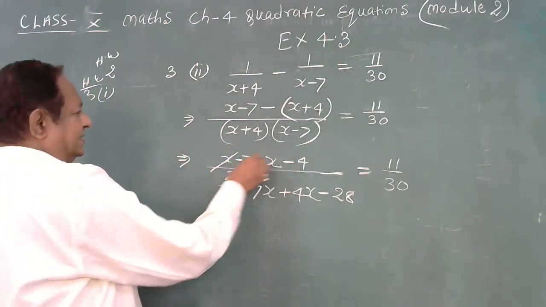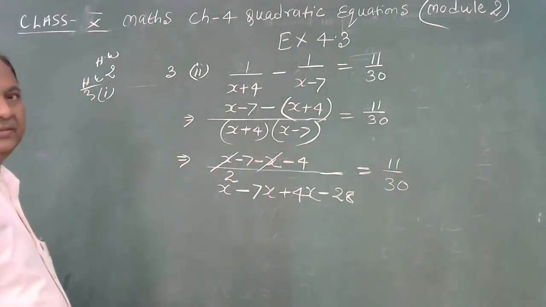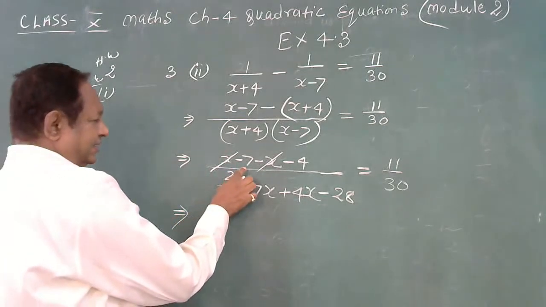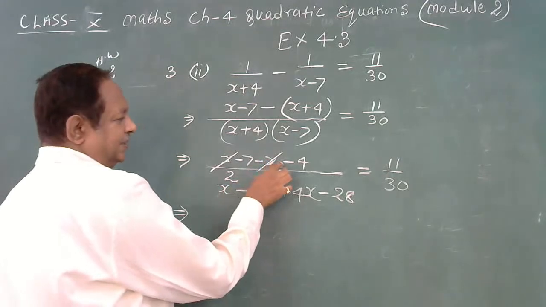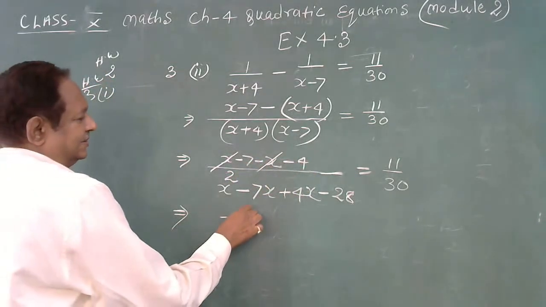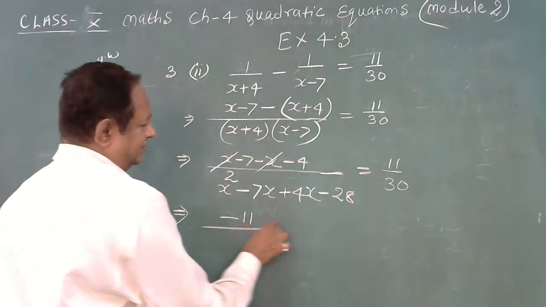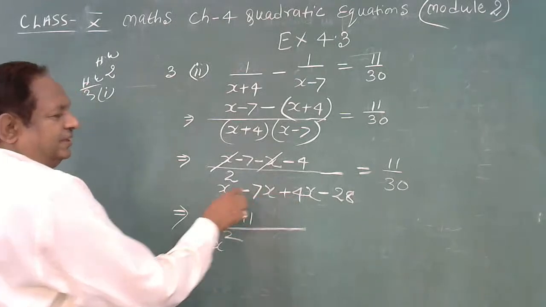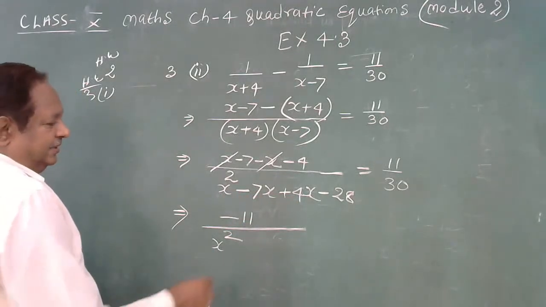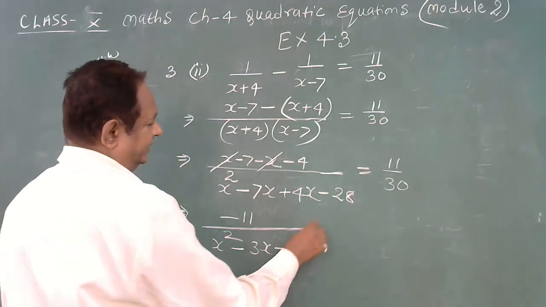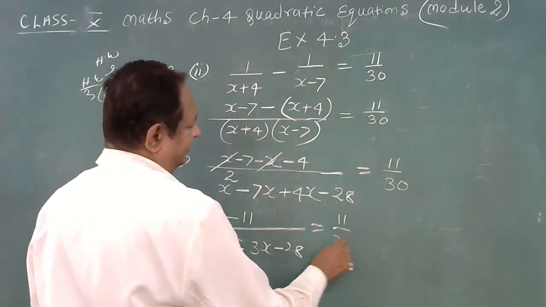The x plus x minus cancel. This implies that minus 4 plus minus 7, that is minus 11, upon x square plus 4x minus 7x, minus 3x minus 28 is equal to 11 by 30.